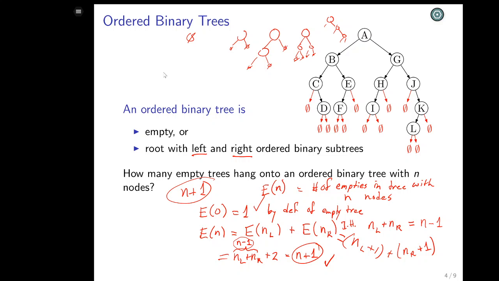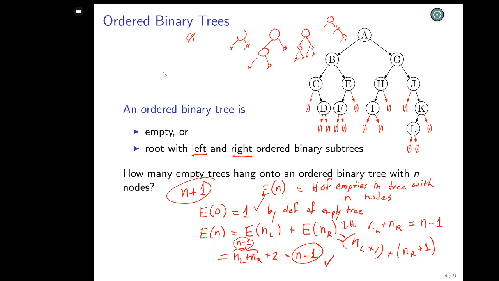Everybody good? Yeah. So, the inductive hypothesis is the claim that we're trying to prove, which is that E of n is equal to n plus 1. It's that claim, but it's hypothesized for all values smaller than n, all numbers of nodes less than n, and then we want to show that it's true for number of nodes equals n.